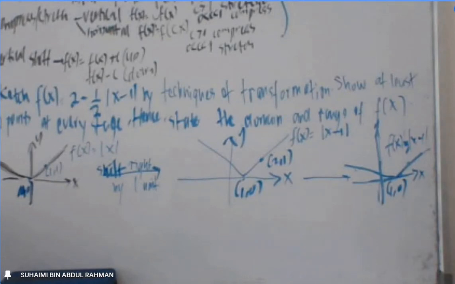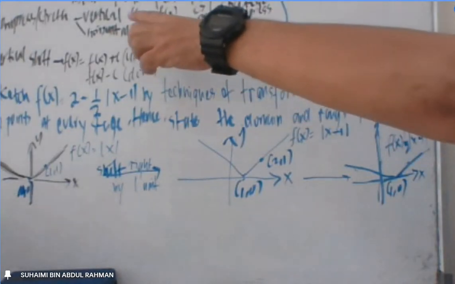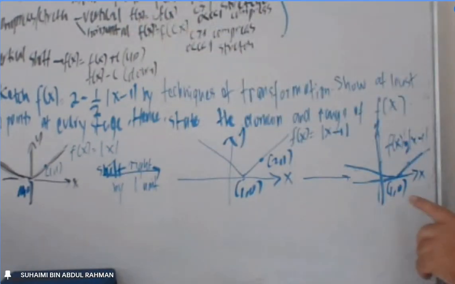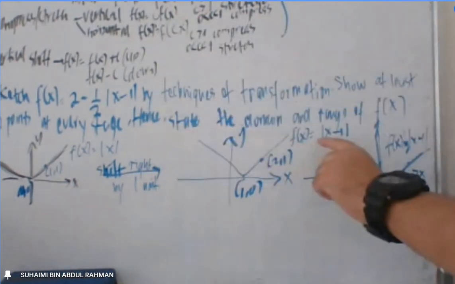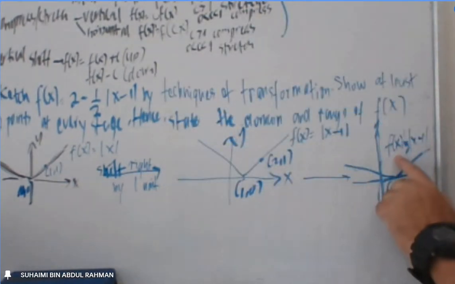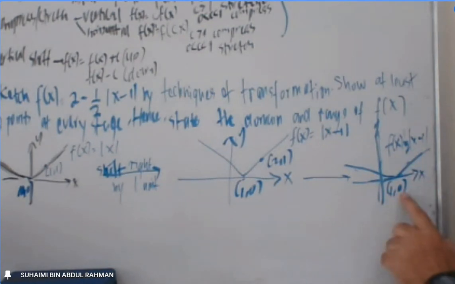Because when we talk about vertical compression, it involves only y. Every y coordinate must be multiplied by 1 over 2. And because y is 0, when you multiply by 1 over 2, we still have 0. That's why it is (1, 0).